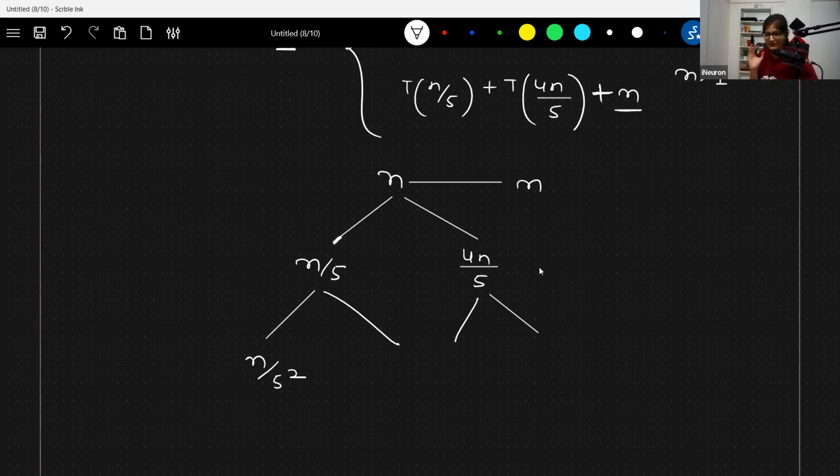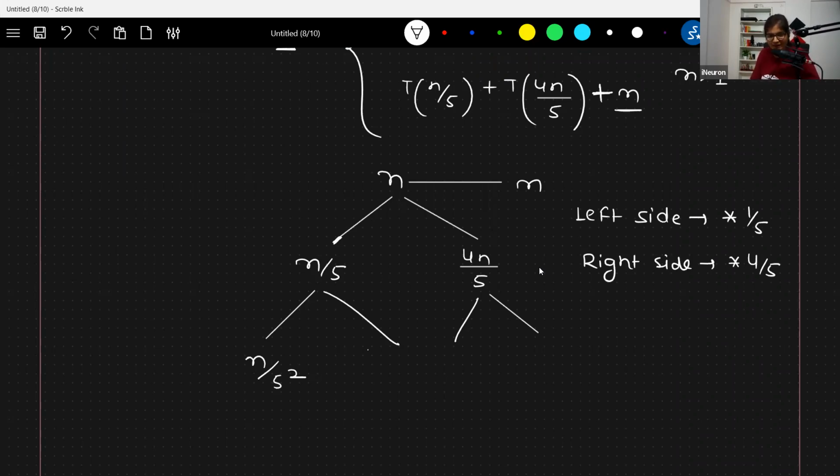If you observe the left side, every time we are multiplying the value by 1 by 5. And on the right side, we are multiplying the value by 4 by 5.